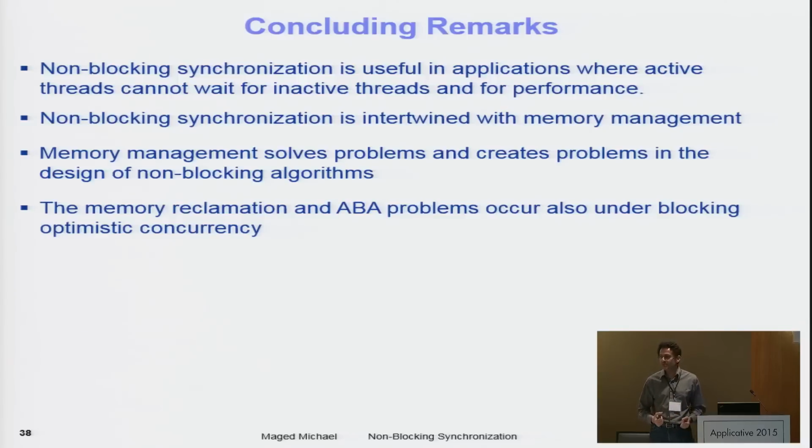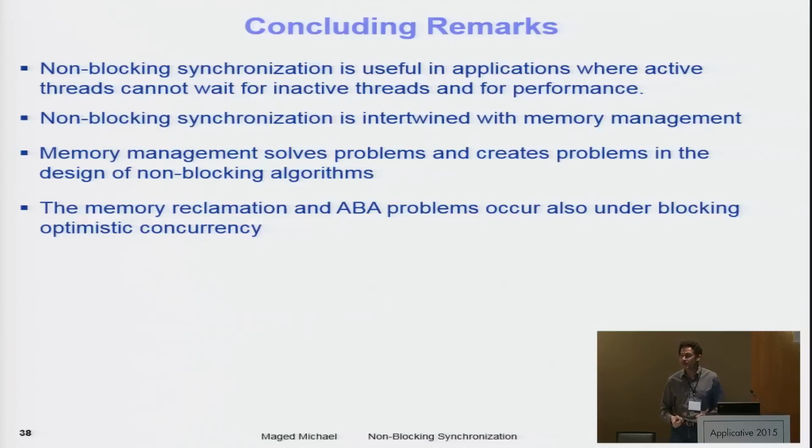Now these traversers are just reading, and if someone removes something in their way, they will have a memory reclamation problem. They'll have the ABA problem also if they are double checking something. So the problems I talked about are not only for non-blocking synchronization.